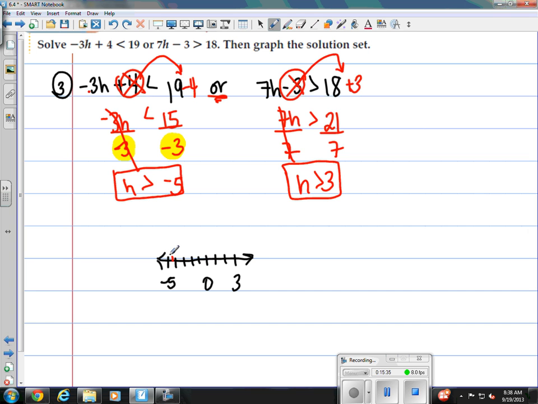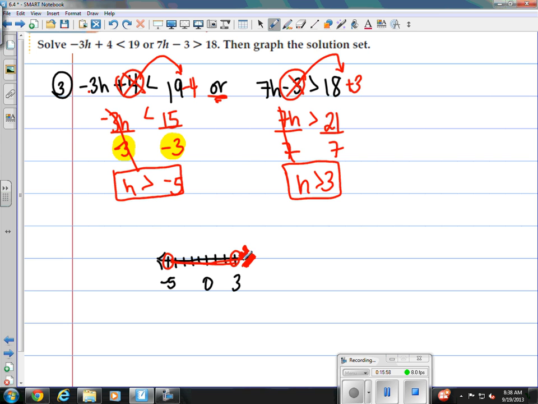So open circle, and greater than wants to the right, and it points to the right. And h is greater than 3. So once again, open circle at 3. Greater than 3, so right again. So basically, they overlap a little bit, greater than 3.